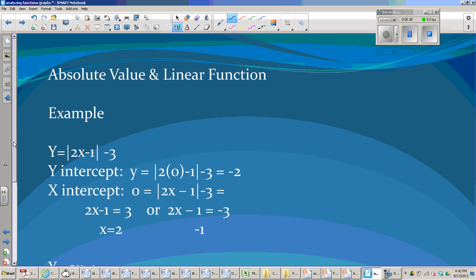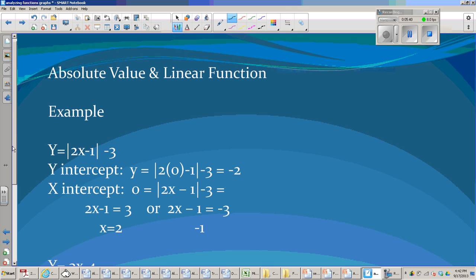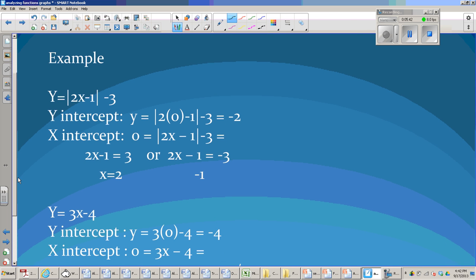Now let's find the x and y-intercepts algebraically. To find the y-intercept, we take 0 and substitute for x. Now what is the absolute value of 2 times 0? Subtract 1. Subtract 3, we get -2. To find the x-intercept, we plug in 0 for y and solve for x.